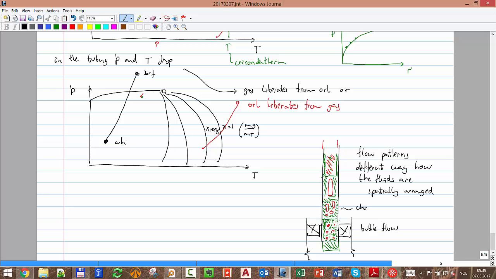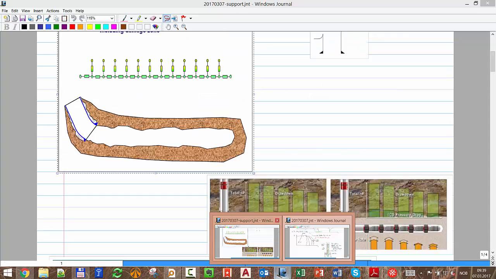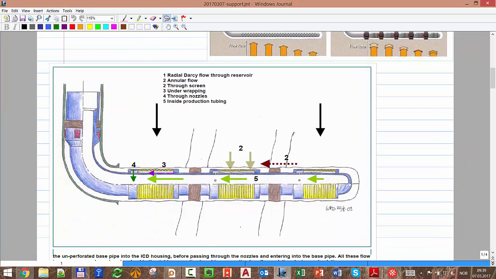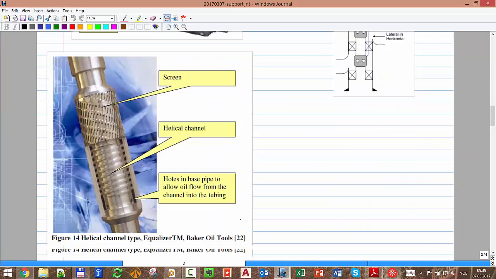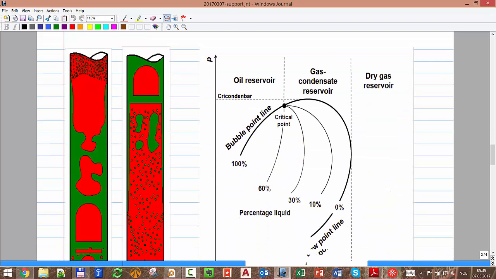That one here is called churn flow. That one here is called slug flow, and this one here is called annular flow. Okay, I think I have a picture of it, and for gas the same thing.